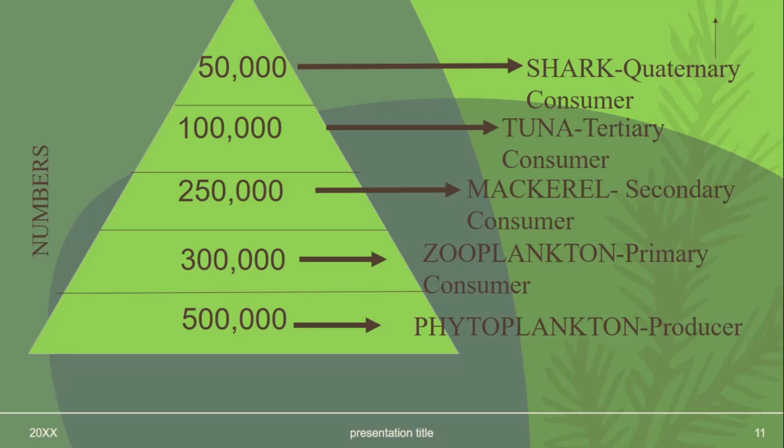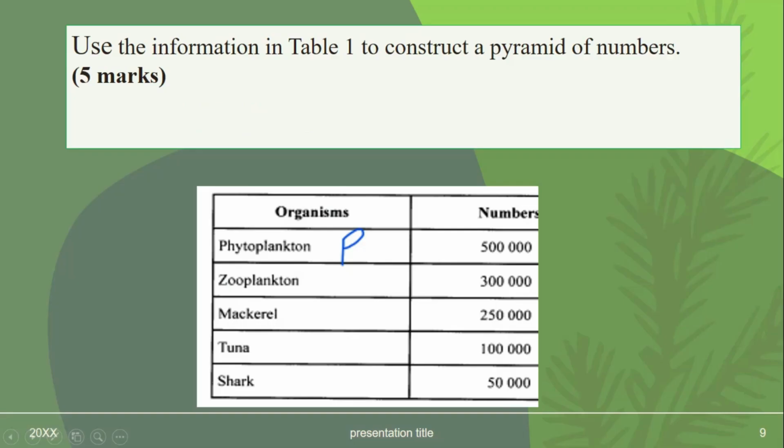So the diagram here is a pyramid of numbers. So it is the amount of organisms. So the phytoplankton here is 500. As you can see, they give you the number here. All right. So even though they put it at the top here, don't let it confuse you.